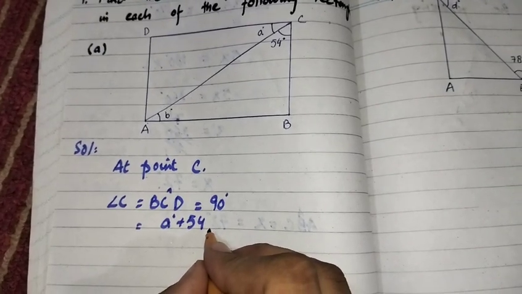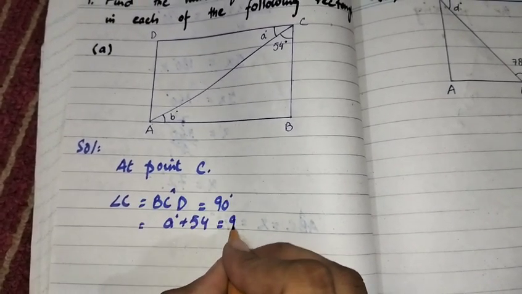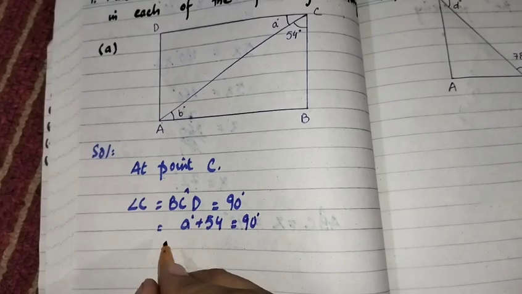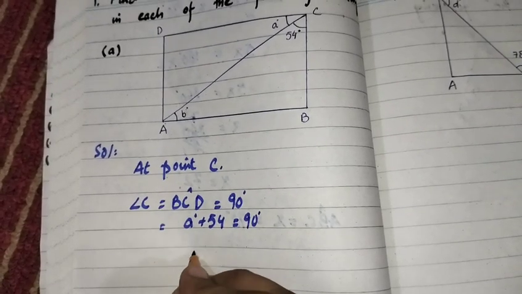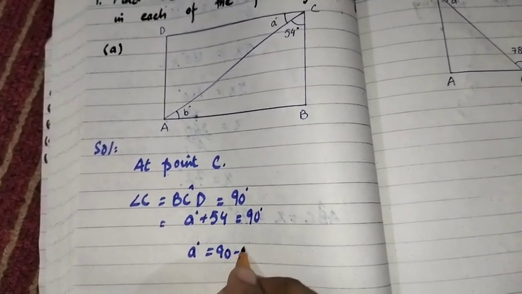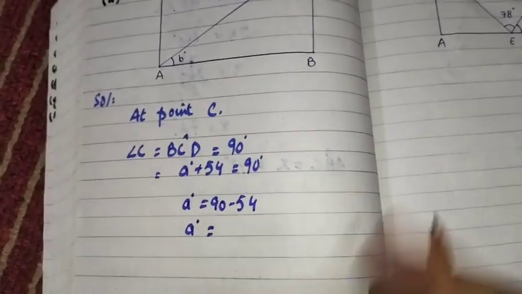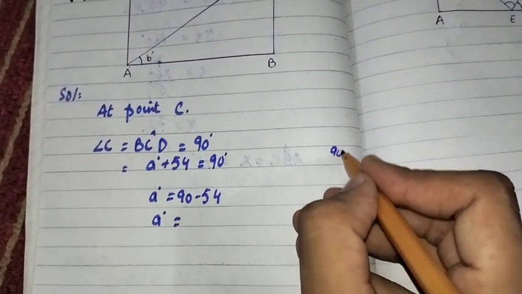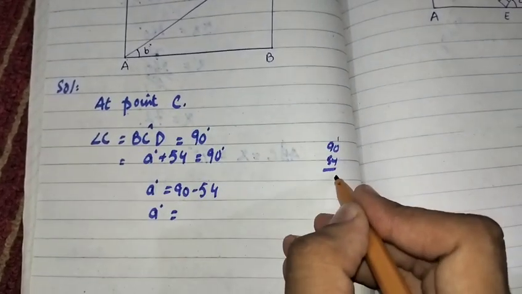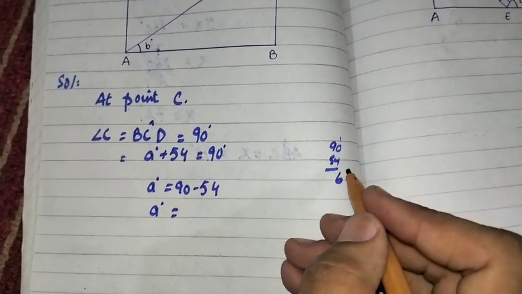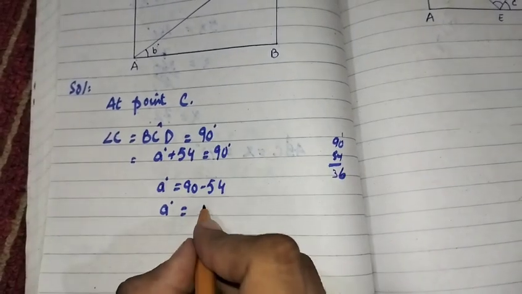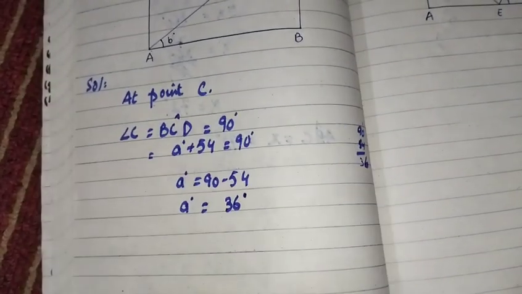The sum of angle A plus 54 degrees will make 90 degrees. So to find the value of A, it will be 90 minus 54, which is 36. The angle will be 36 degrees.